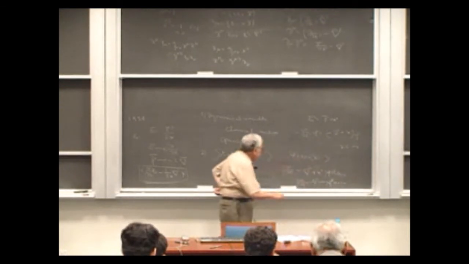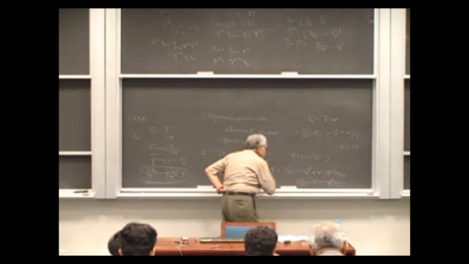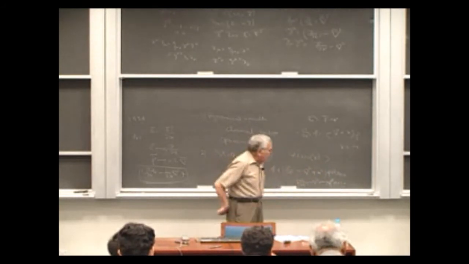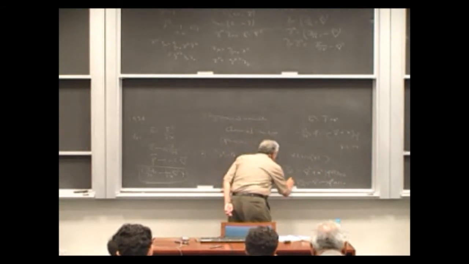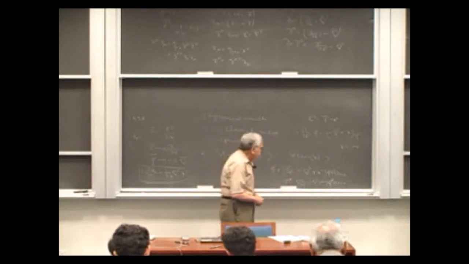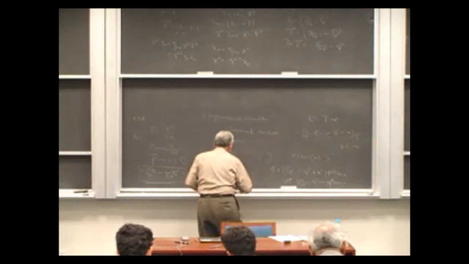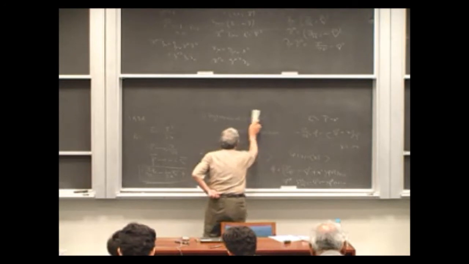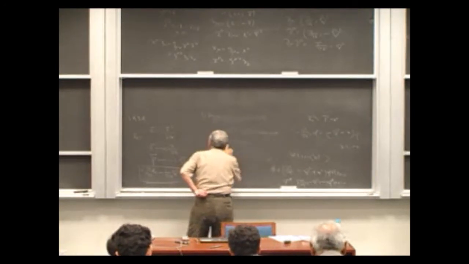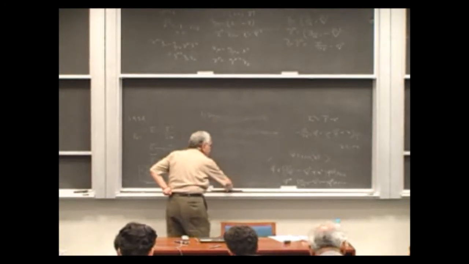So I multiply this by φ star and the other by φ, and subtract.